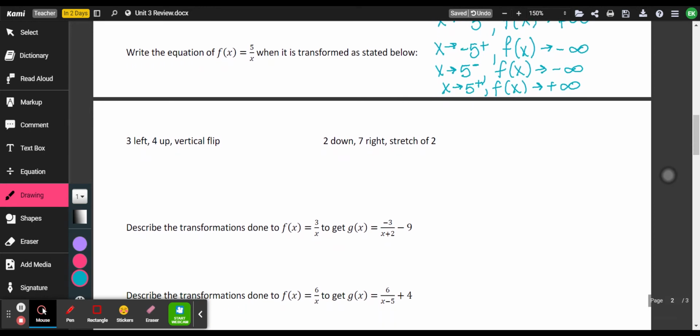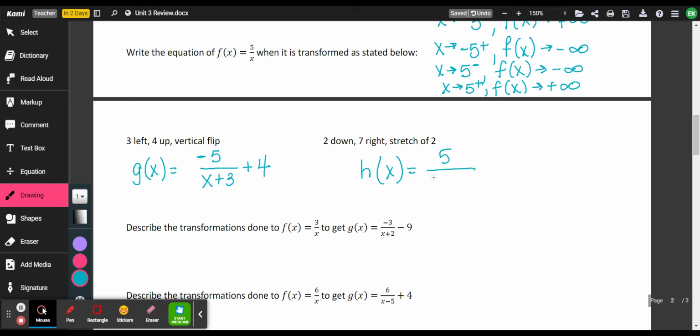Write the equation of f of x equals 5 over x when it's transformed as stated below. So we're going to start with a new function, g of x, and I'm going to have 5 over x, and then I'm moving 3 left, so that's plus 3 here, 4 up there, and then a vertical flip means that I'm making this negative, okay? I'm going to do a new one over here.